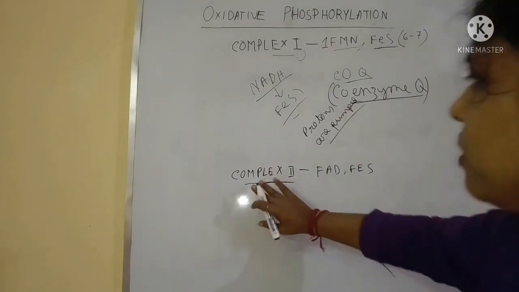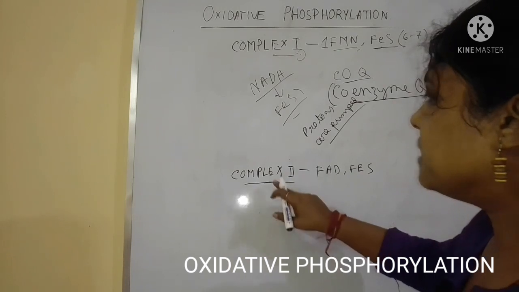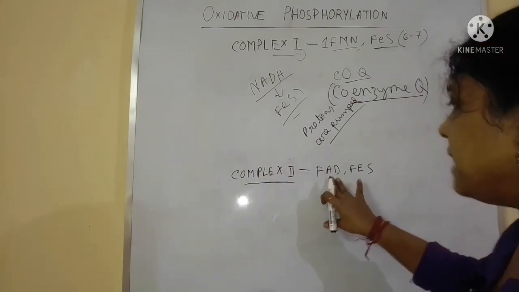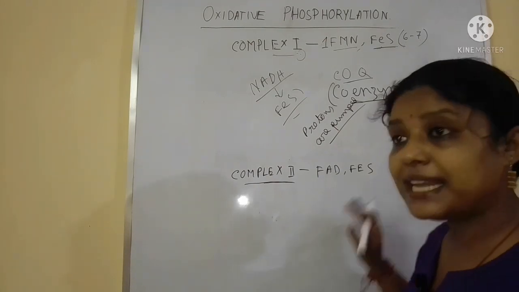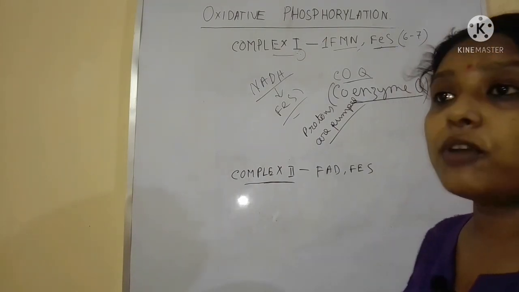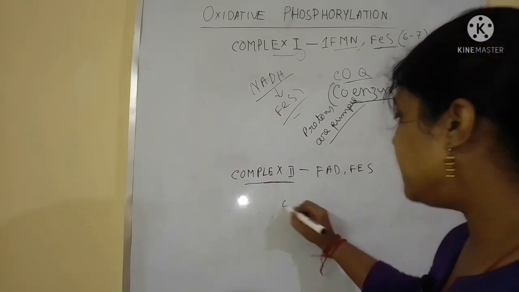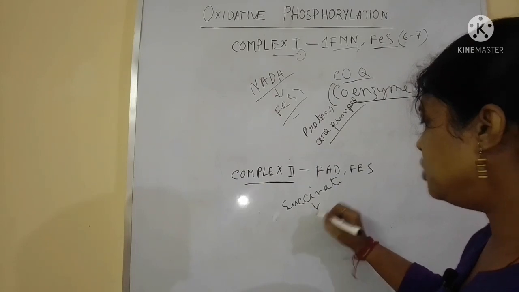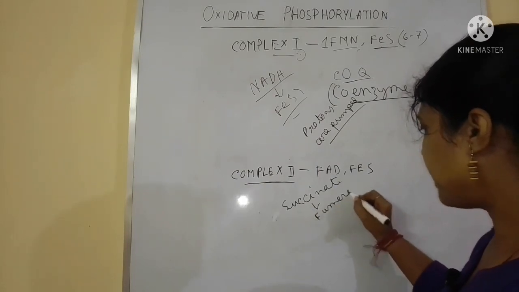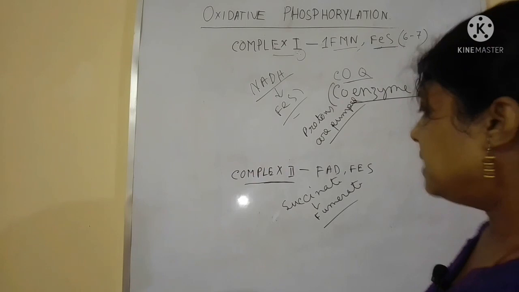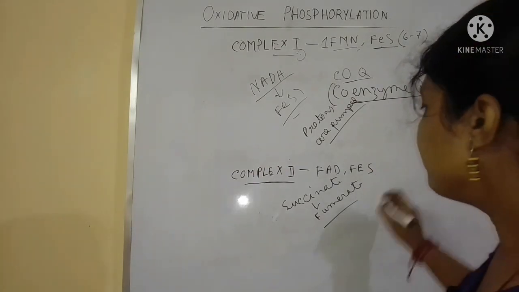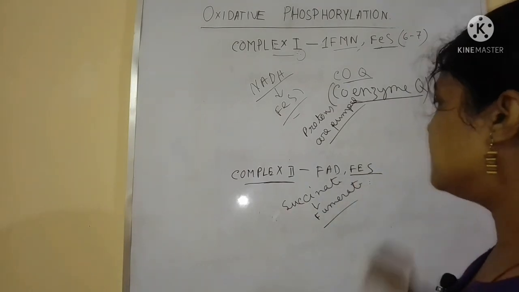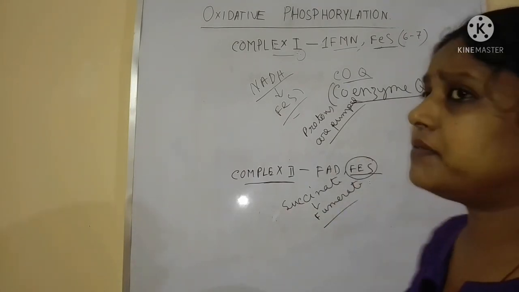Second one, what is the role of complex 2? First of all, what is involved in complex 2? FAD and FeS. Actually, electrons form here during the conversion of succinate to fumarate. The electrons are formed in that situation. These electrons first go towards FeS, the iron sulfur cluster.